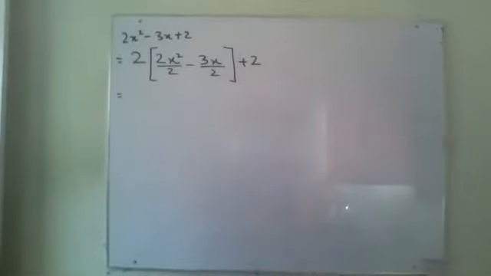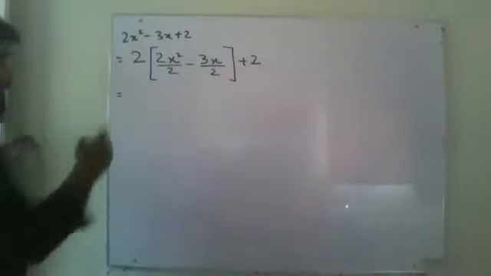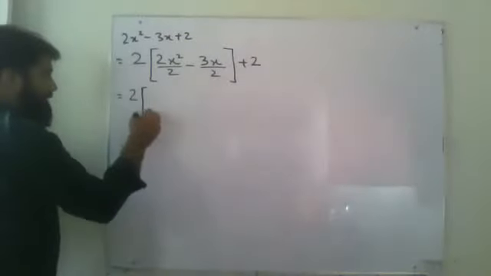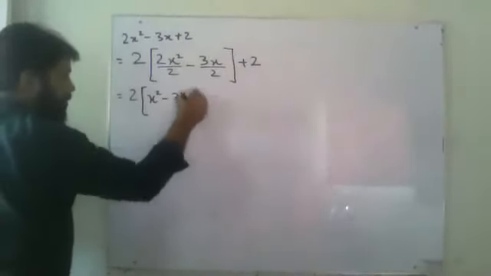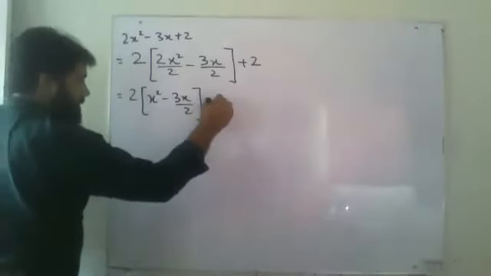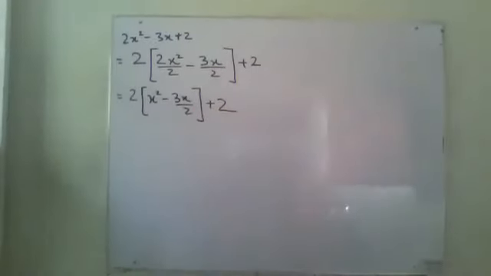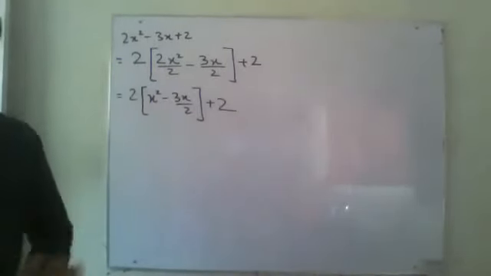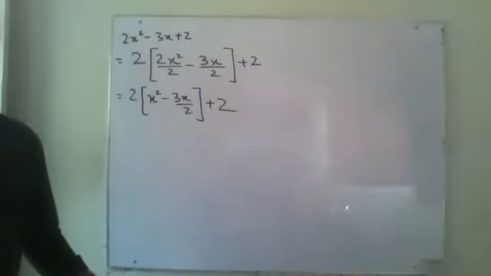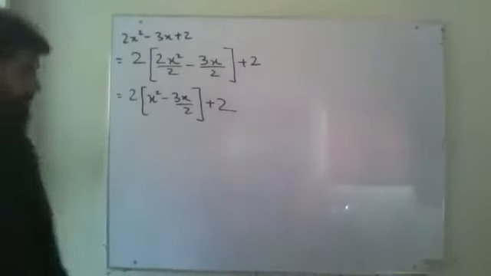So 2 times x square minus 3x over 2, plus 2. I have taken 2 common over here and simplified. Nothing else. Next step.